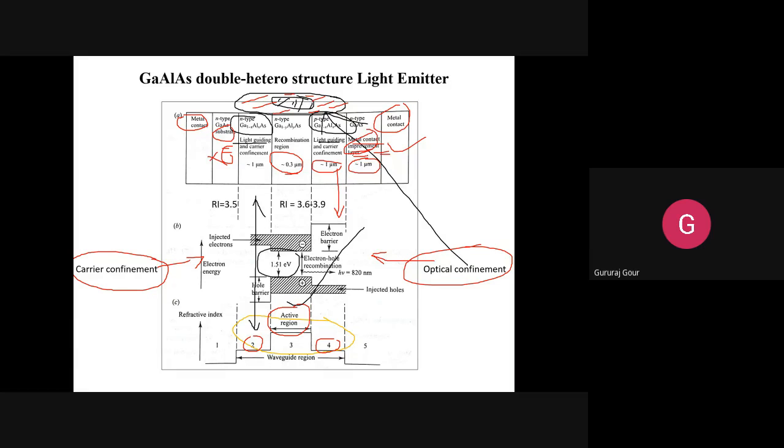So how will we begin? I will quickly recap here before we complete this particular discussion. Gallium aluminum arsenide double heterostructure.